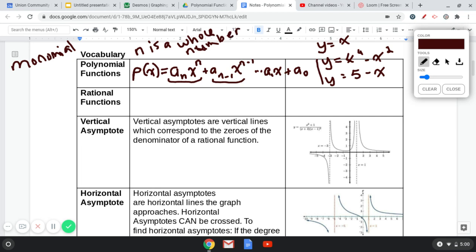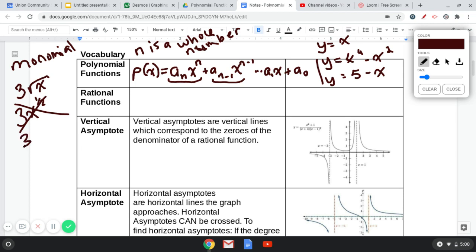Which means it has to be a non-negative whole number, because whole numbers are 0, 1, 2, 3, 4, 5, 6, all the way to infinity, right? They approach infinity. Infinity is not a number. Which means that if you have 3 times the square root of x, this is really 3 times x to the 1/2, not a polynomial, because that half is not a whole number.